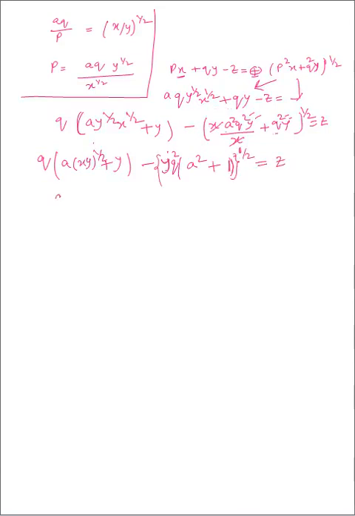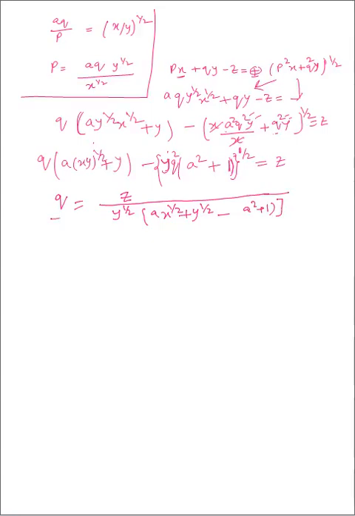So from here we can write q is equal to z upon y to the power half common. So this is a x to the power half plus y to the power half and minus a square plus 1. This is the value of q.